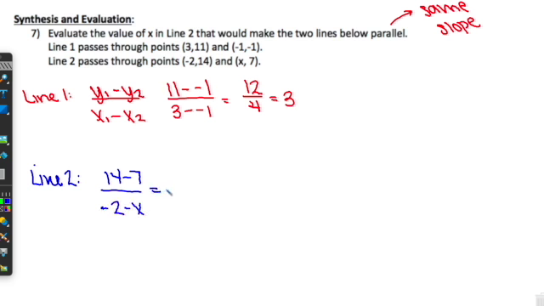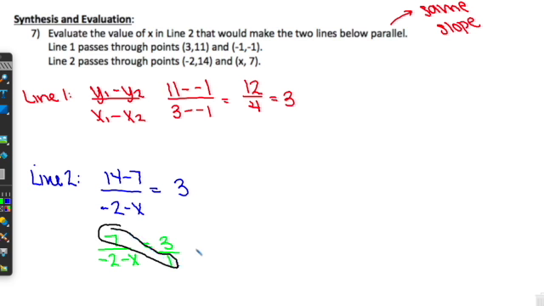And this is going to give me the slope of 3. Well, 14 minus 7 is 7 over negative 2 minus x. And from here, I'm going to keep that as equal to 3, but I'm actually going to write it as 3 over 1. From here, you might remember this from middle school math, we're going to cross multiply.